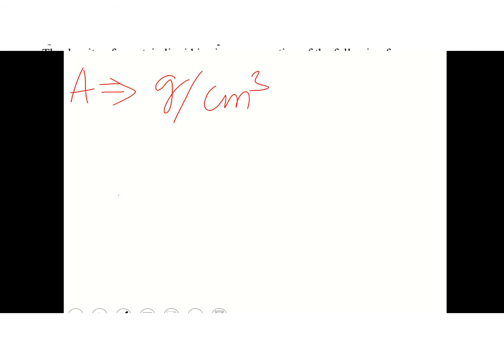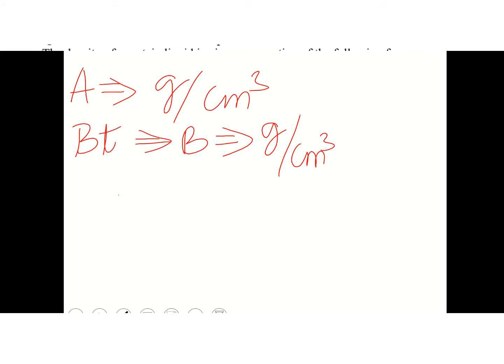What about the unit of B? Don't forget, what we have is BT instead of B. So the unit of B will be gram per cm cube, then degree C. Why? Because B is being multiplied by T, which is temperature in degrees C. So the unit of B will be gram per cm cube per degree C. I hope this is clear.